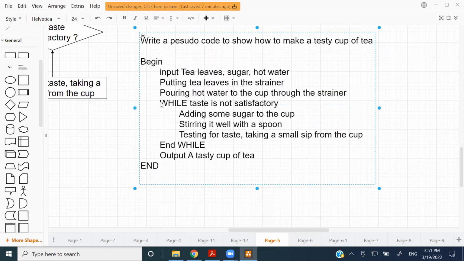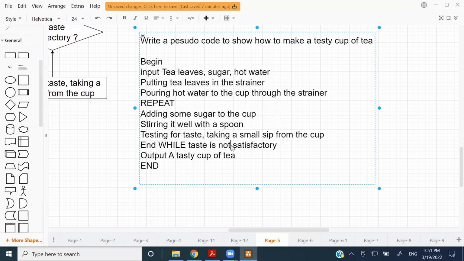I only need to change the word over here to repeat. And this condition is going to go here, but without this not word. And this is going to be until.